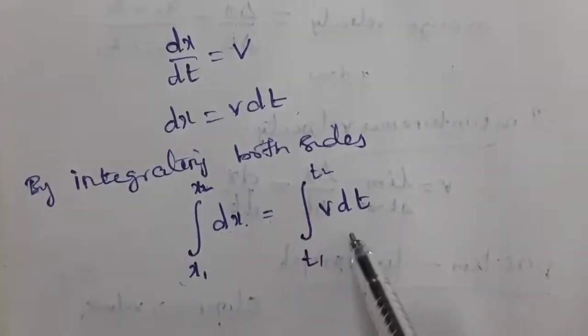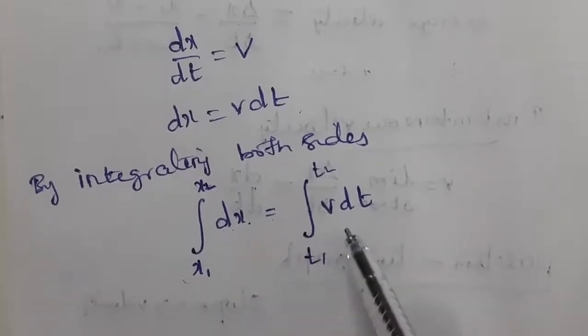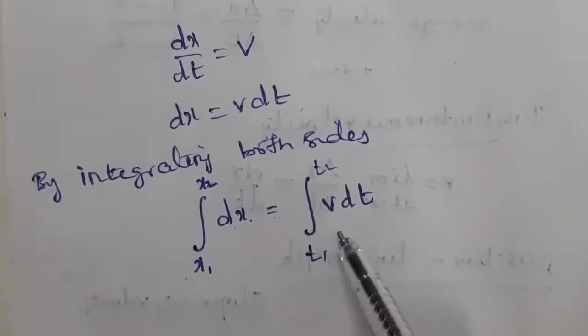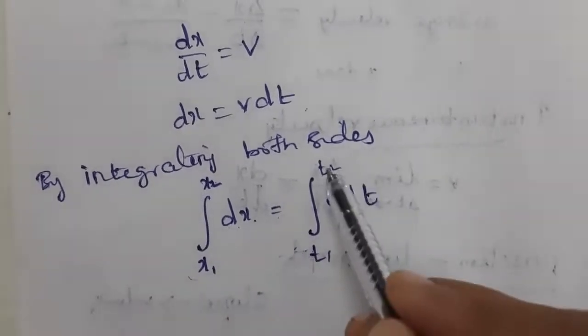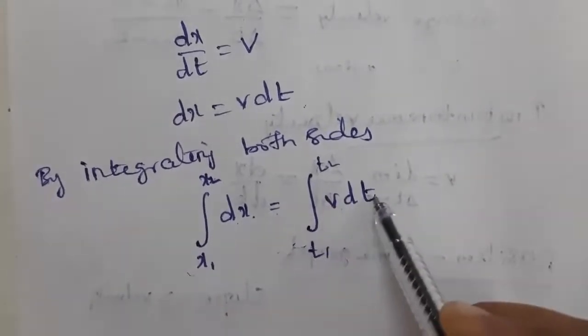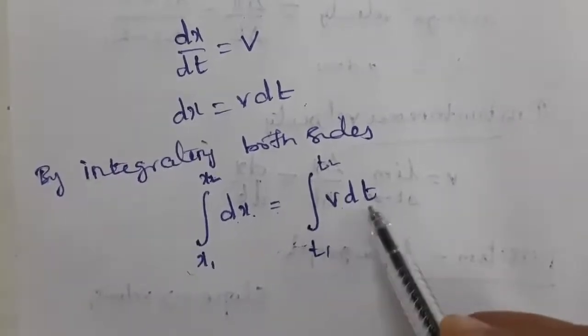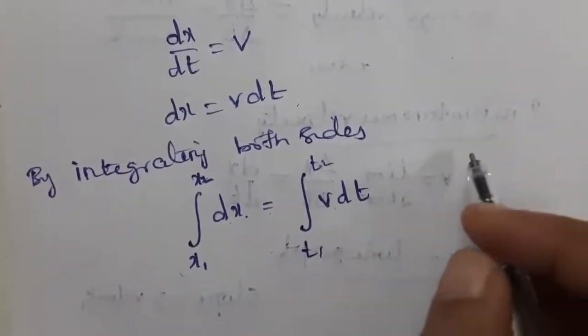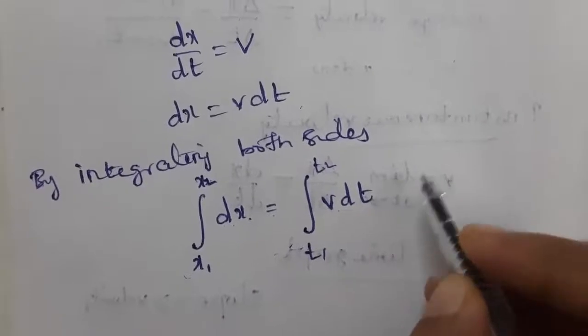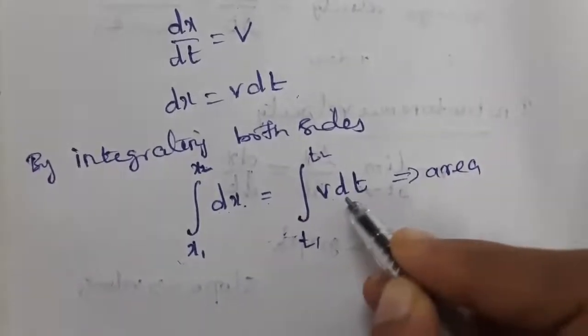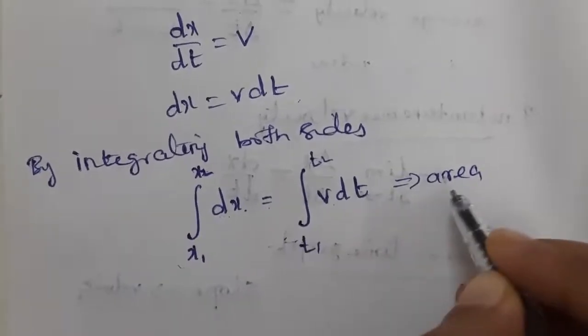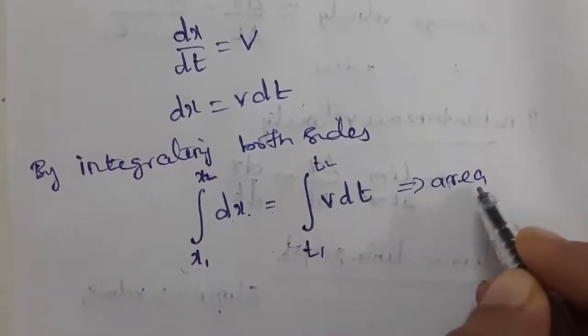Because we have seen integration is equal to the area under the curve. So integral v dt, for the velocity time graph, represents the area under the curve. This integration of velocity with time represents the area under the curve as a function of time.